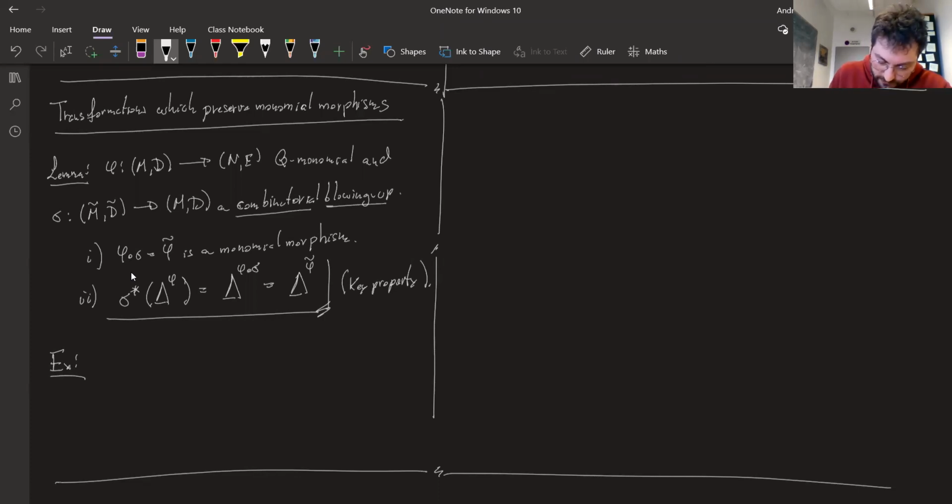I will consider, and here again I'm not giving much importance to the exceptional divisors, Z1 equals V1 and Z2 equals V2. First, we consider the blowing up sigma.